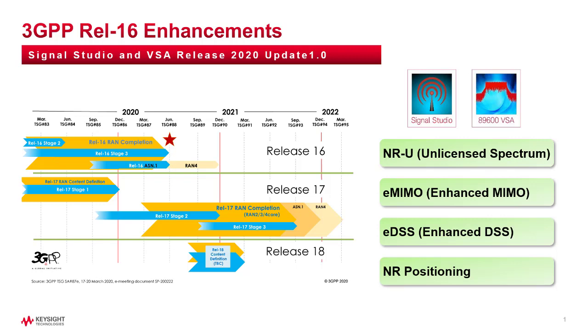Early R&D work has been started in the industry with the increased test and measurement needs. So let's take a look at how Keysight Signal Studio and VSA software can support 5G NR signal generation and analysis with those Release 16 enhancements.